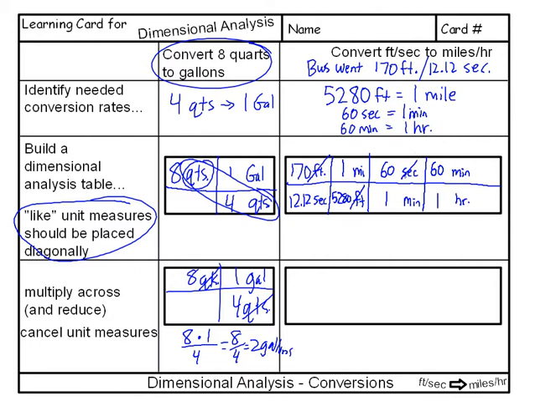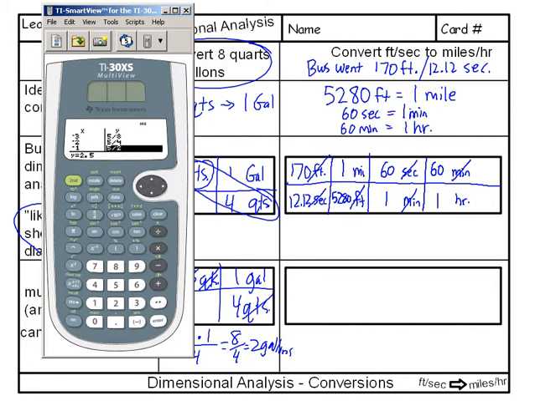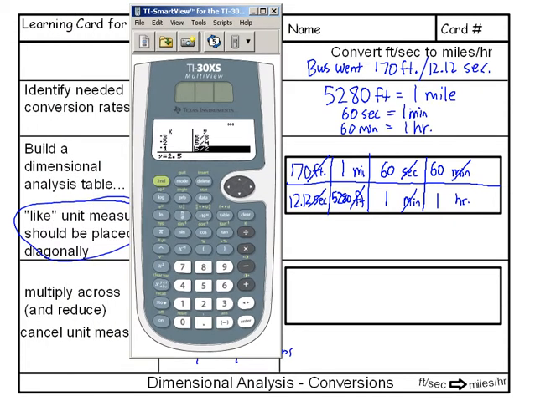Seconds and seconds are going to cancel out. And then minutes and minutes are going to cancel out. Everything else is going to get multiplied across, and we're going to do that in here. You know what I'm going to do? I am going to pop this up into a calculator and just show you how easy it is. Let me clear out what I'm doing here.